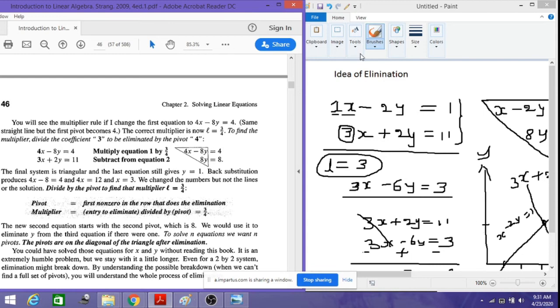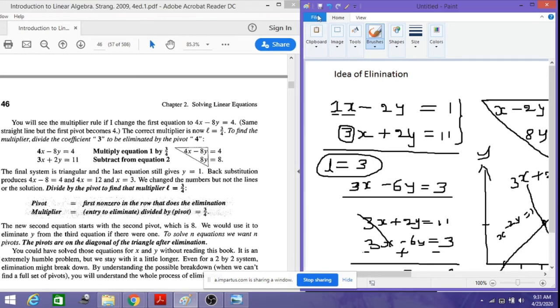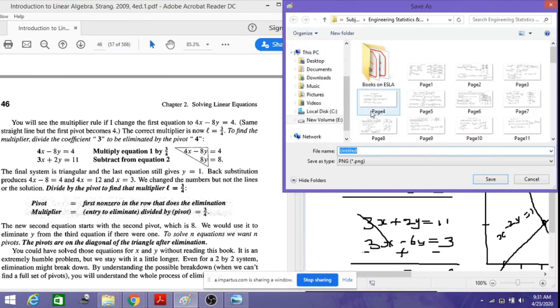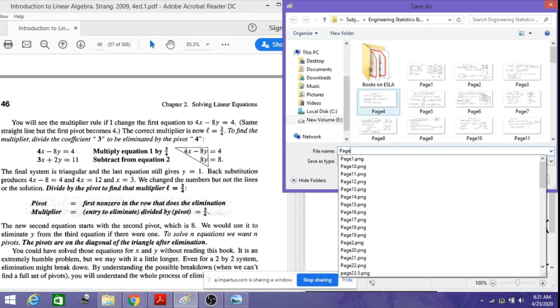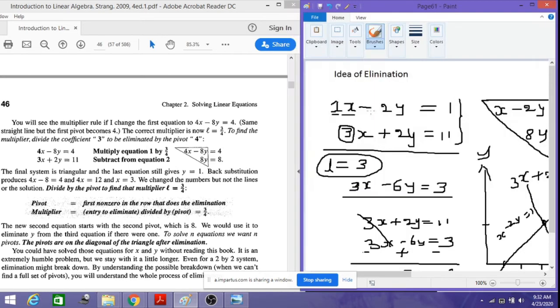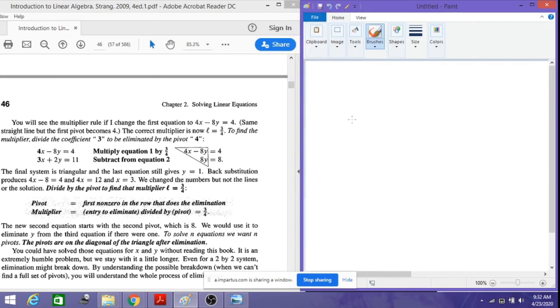Now let us take one more example here. I'll save this page. So let us take one more example. Now you tell me, rather than 1x in the first equation, it has become 4x minus 8y equal to 4, and 3x plus 2y equal to 11.